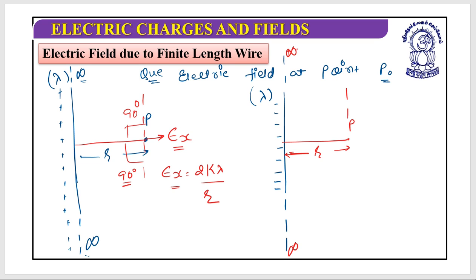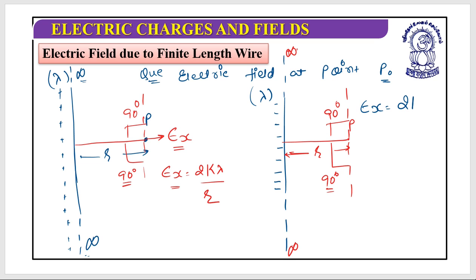First, make an angle. This should be 90 degrees, and even this would be 90 degrees. Both have the same angle, and when their angles are equal, Ey would be 0. So I need to bother about Ex only.